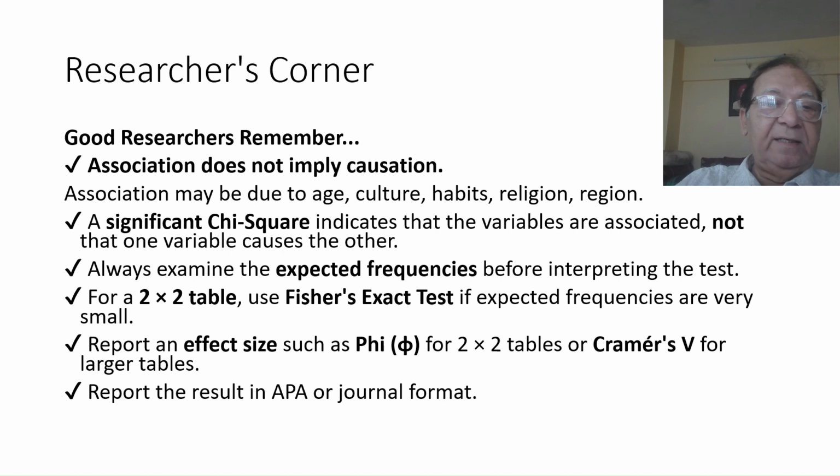If too many expected counts are small, the assumptions of the chi-square test may not be satisfied. In a 2 by 2 contingency table with small expected frequencies, Fisher's exact test is usually a better choice. Finally, remember that statistical significance is only part of the story. You should also report an effect size such as phi or Cramer's V to describe the strength of the association. This is considered good research practice in thesis and journal publications.